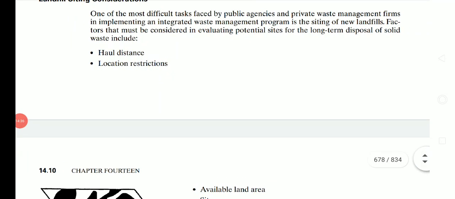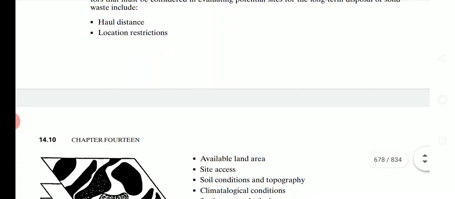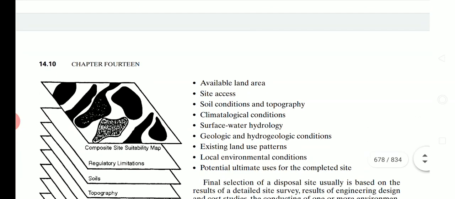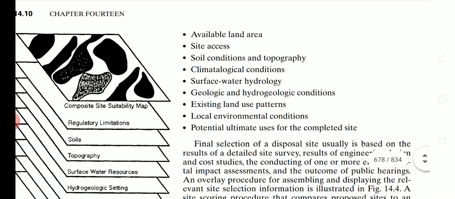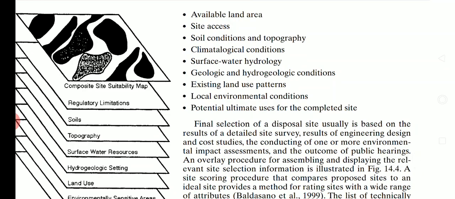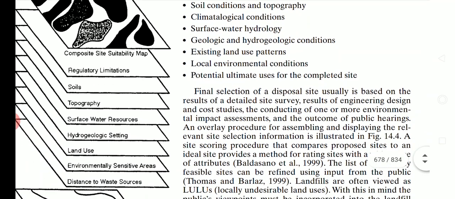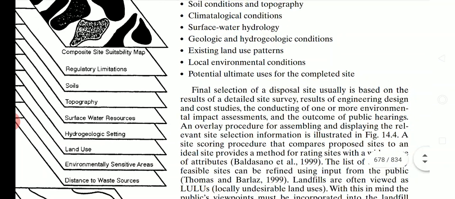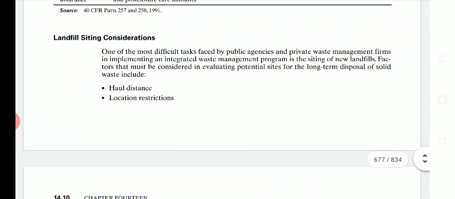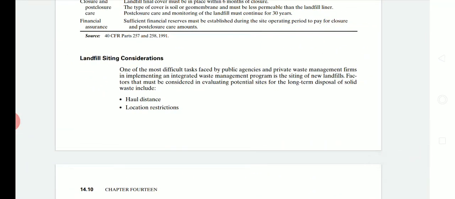Factors that must be considered in evaluating potential sites for the long-term disposal of solid waste include haul distance, location restrictions, available land area, site access, soil conditions and topography, climatological conditions, surface water hydrology, geologic and hydrological conditions, existing land use pattern, local environmental conditions, and potential ultimate use for the completed site. Okay, we'll study one by one how these points are considered.